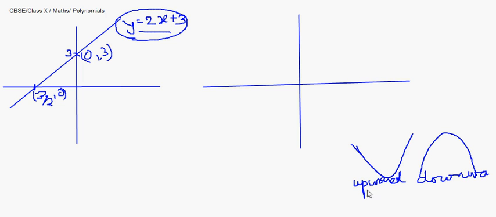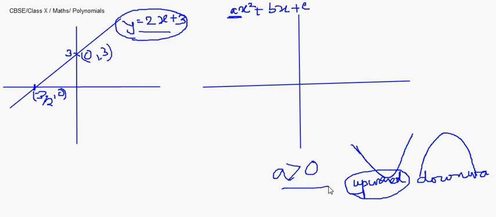You get an upward parabola when your a is greater than 0, because quadratic polynomials are of this form. When a is less than 0, you get a downward parabola.